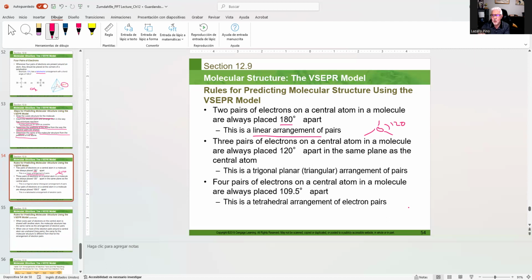If you have four atoms around the central atom, the best way is making the tetrahedral structure, where the angle of bond is 109.5 degrees.